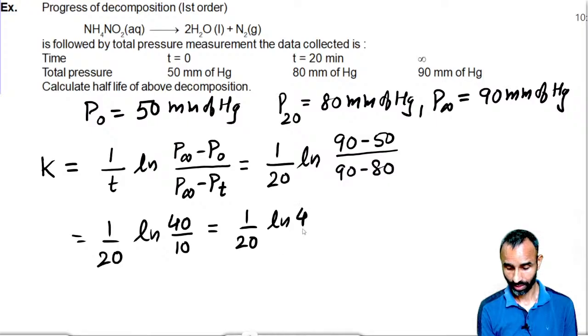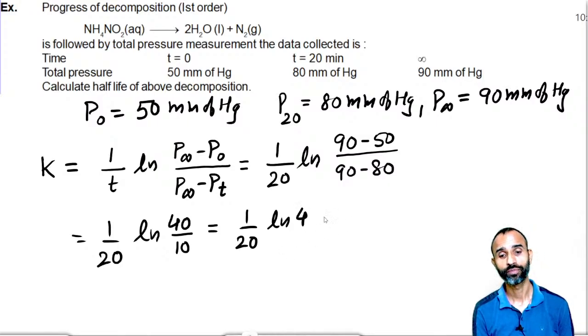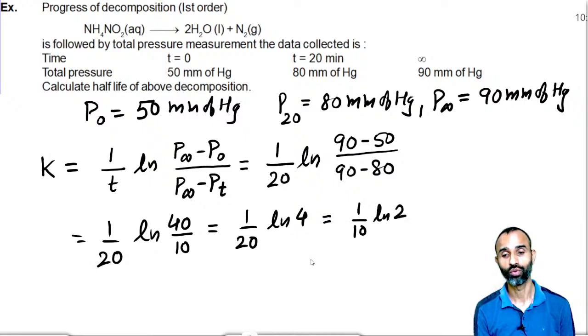It is natural log of 4. So it is 1 by 10 natural log of 2. Right?